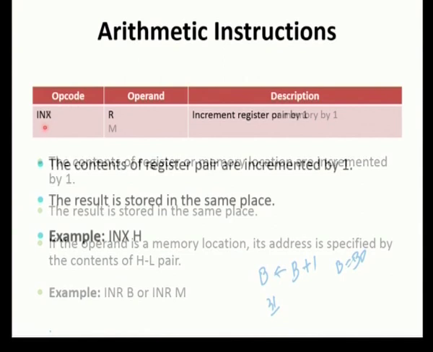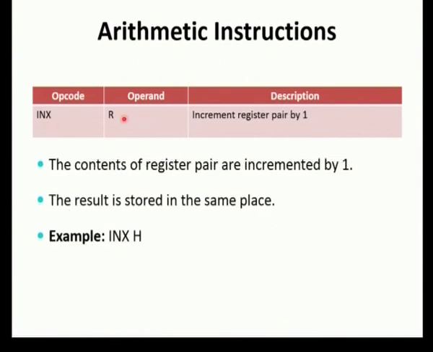Next one is INX register pair. The register pair value is increased by 1, and the result is stored in the same place. INX H: INR is 8-bit, INX H is 16-bit. This H represents not 8-bit data but 16-bit data, the HL register pair value.